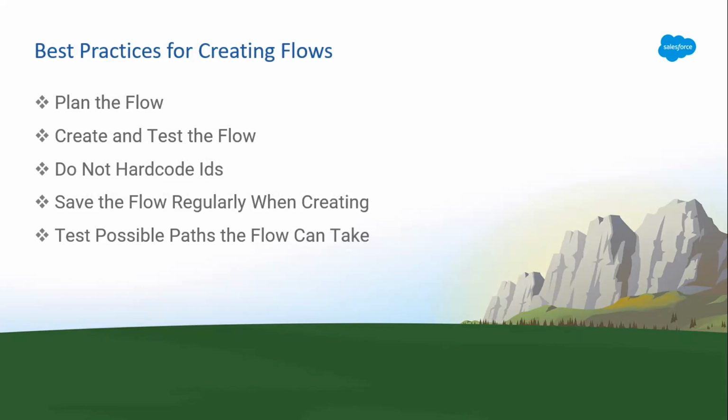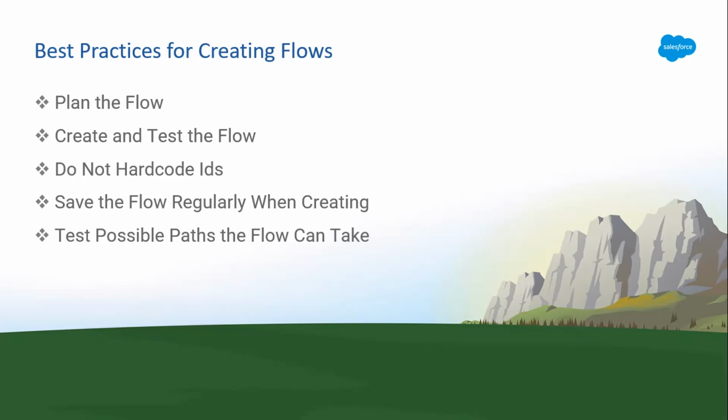If you are a Salesforce developer, you may be aware that we should not hard code IDs within our Apex classes and triggers. Similarly, inside a flow also, we should not hard code IDs. We have to save the flow regularly. Whenever we add a new component, we have to save the flow immediately. Otherwise, if the page is refreshed or if we close the flow, we will lose the newly added component.